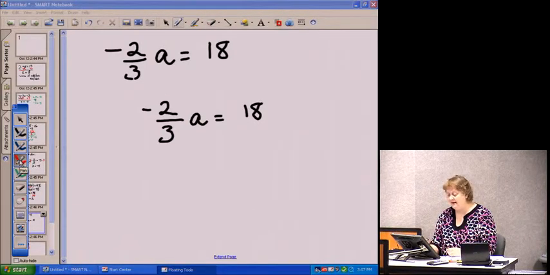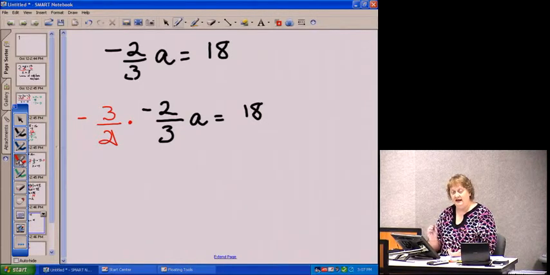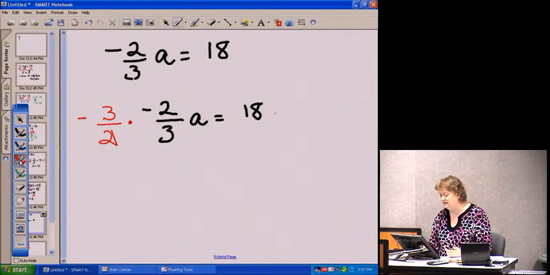If I multiply by the reciprocal here, and the reciprocal of -2/3 is 3/2, and it needs to keep its sign, so I'm going to keep the negative sign out front. And again, remember that what we do to one side of the equation, we're doing to the other side so that it undoes it and keeps the balance between the two sides of the equation.